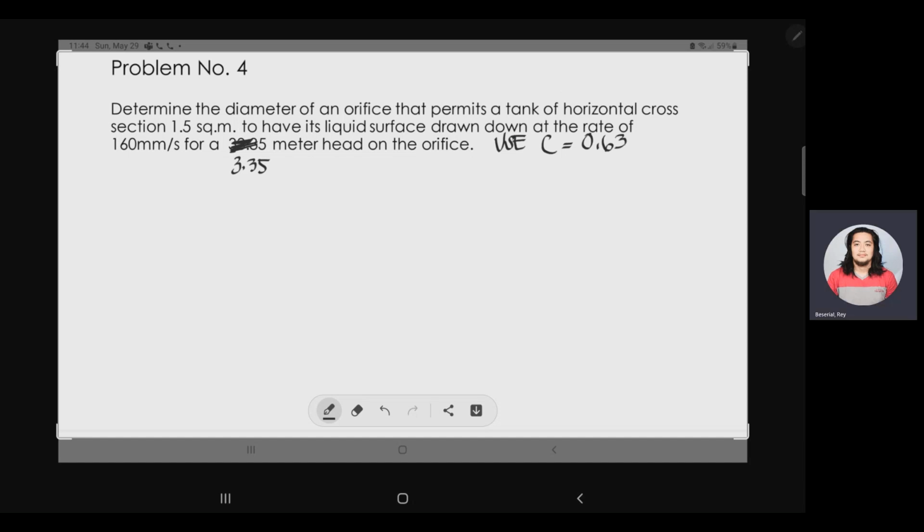Okay. So yung solution natin for this problem, yung discharge through the orifice is equal doon sa tank's cross-sectional area times the drawdown rate. So yung ating discharge is equals sa area ng tank times dun sa drawdown velocity.